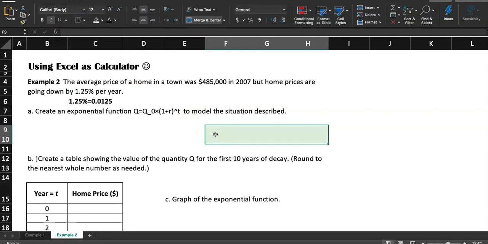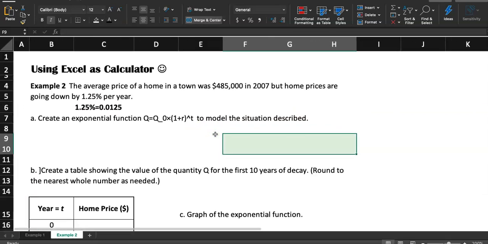Okay, so let's create the exponential function. Q equals, first you multiply by the initial amount. The home price was $485,000. But then we're going to multiply this by 1 minus, because the prices are going down.